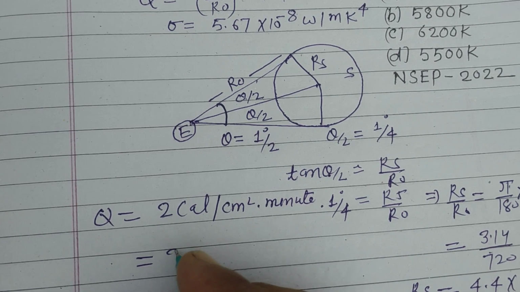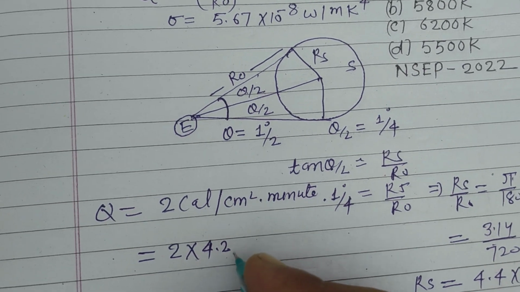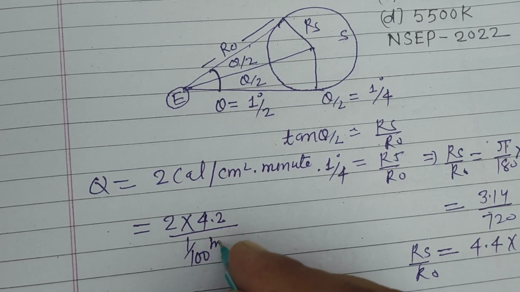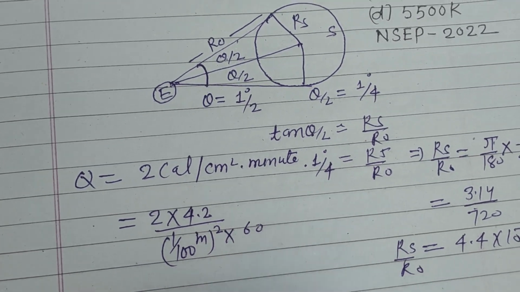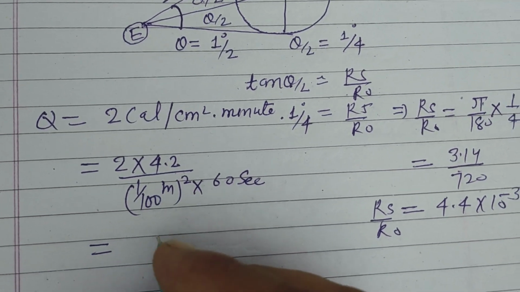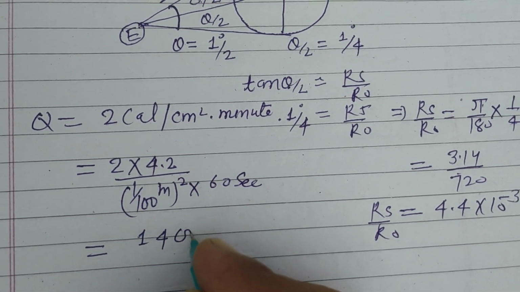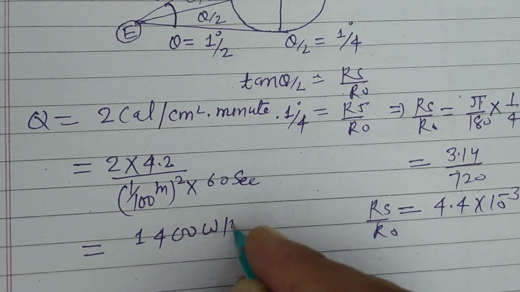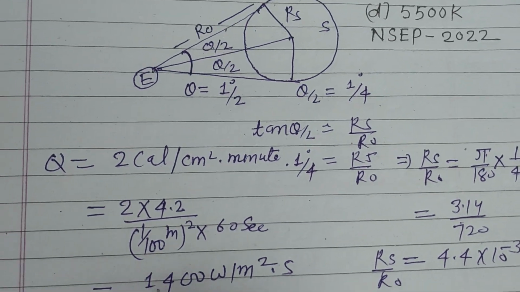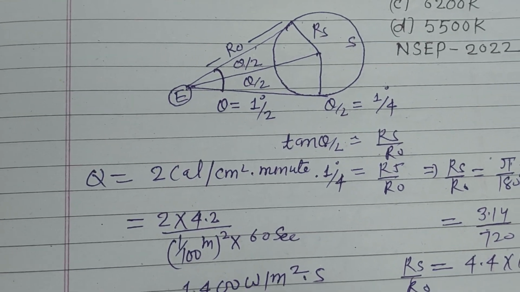So we write 2 calorie, we change it into joule, so 4.2 joule upon centimeter square, so we write it as 1 upon 100 meter square into 60 seconds. On solving this, we got 1400 watt per meter square.